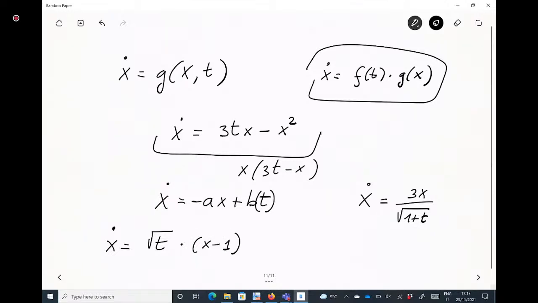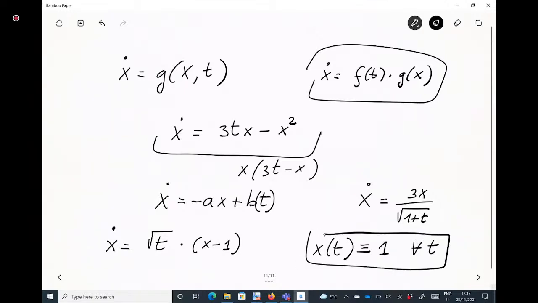I don't know what the general solution to this equation is, but I'm sure that x of t identically equal to 1 for any t, which is a constant trajectory over time, is a solution to this equation. Why? Because when x of t is equal to 1, 1 minus 1 is 0, and 0 times square root of t is 0 for any t.